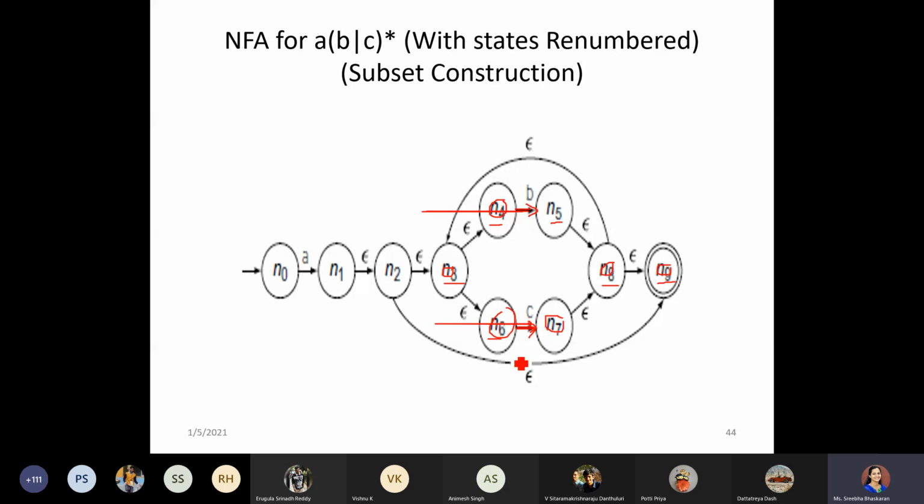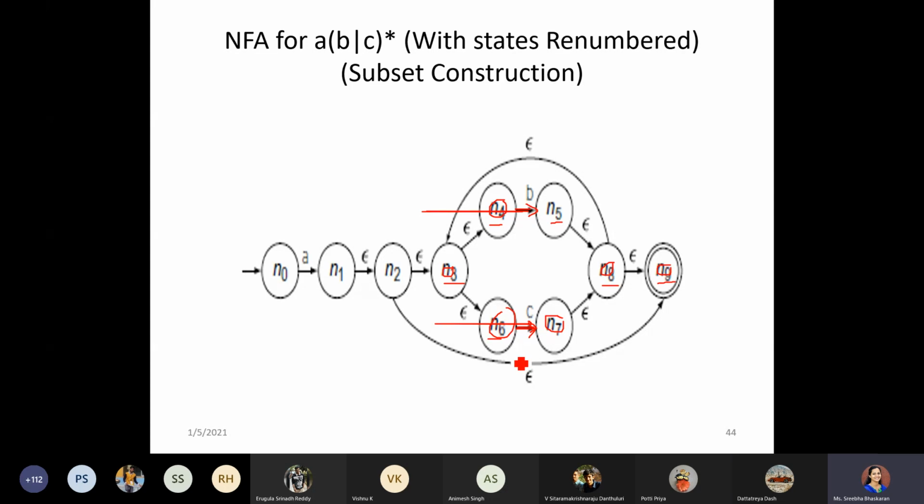Same thing again when we consider D3: with respect to C transition, we would again end up with the circled states N7, N8, N9.